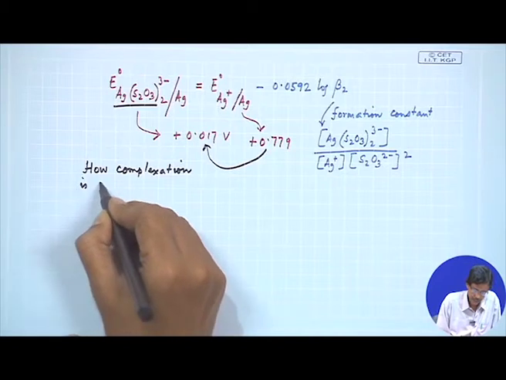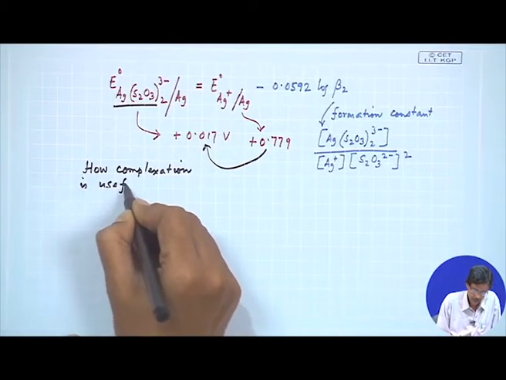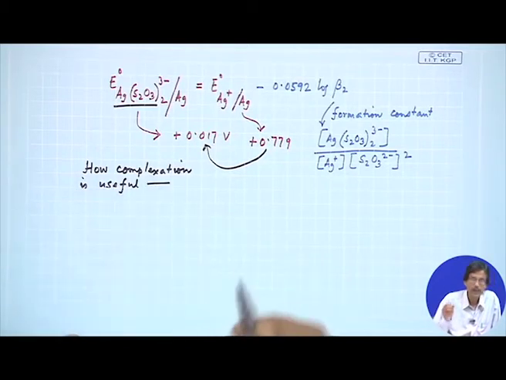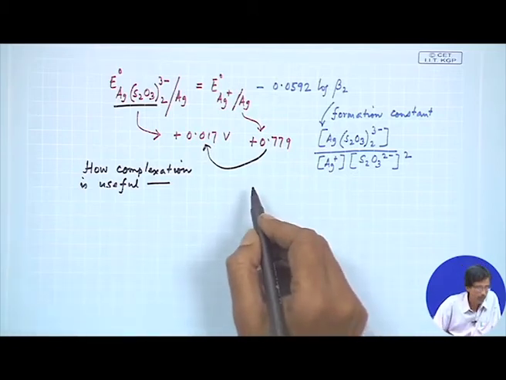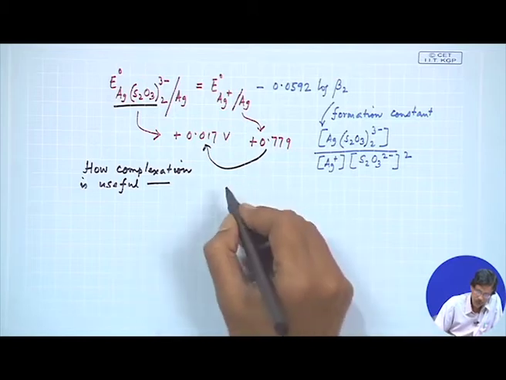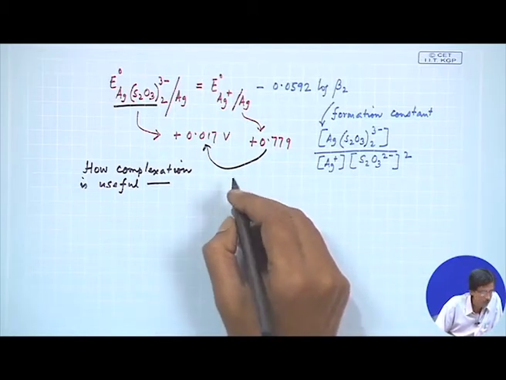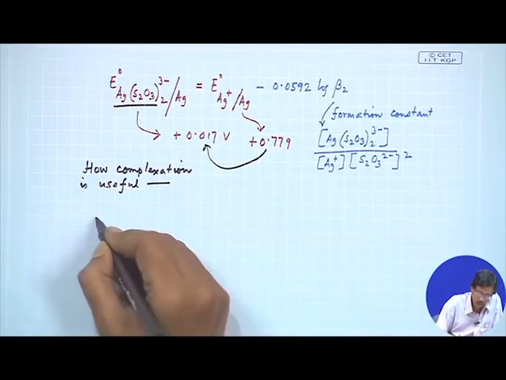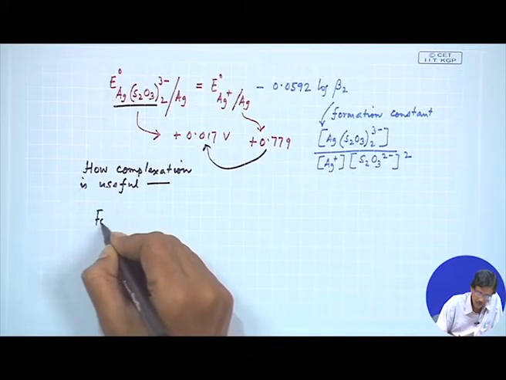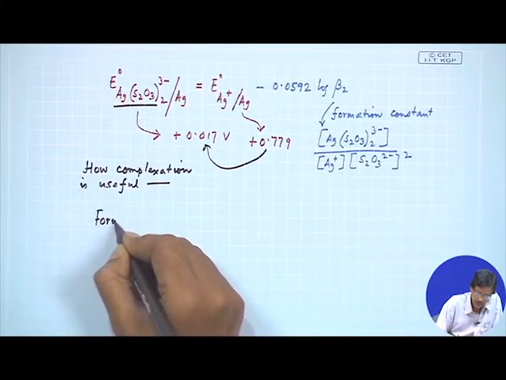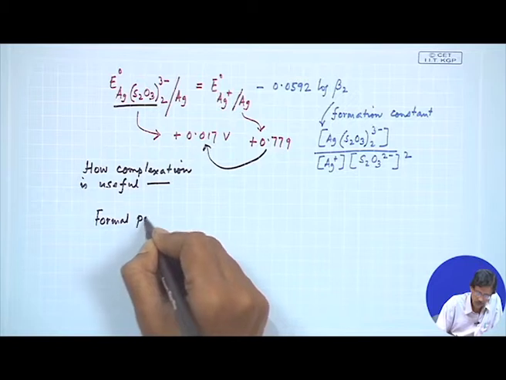How complexation is useful for any titrations, particularly redox titrations and other things, because one more important thing we will now talk about is another definition, discussing the formal potentials.